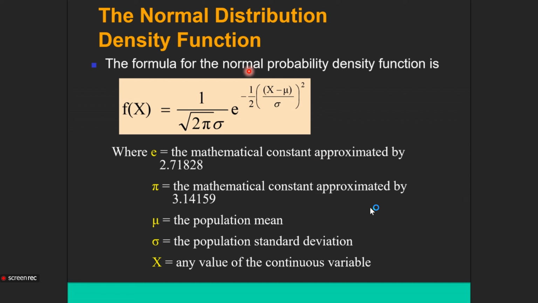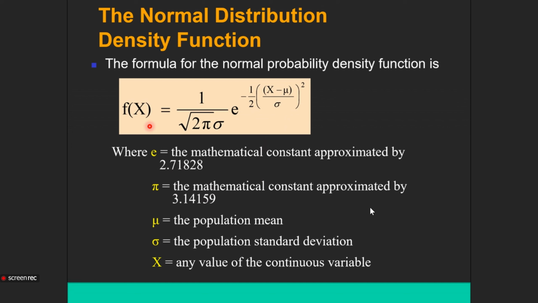So the normal distribution density function, here we have the formula. Never mind, this formula is not going to be a problem because to a great extent we're going to depend on the one in this particular bracket. That is the one we'll be using to calculate our z-score.